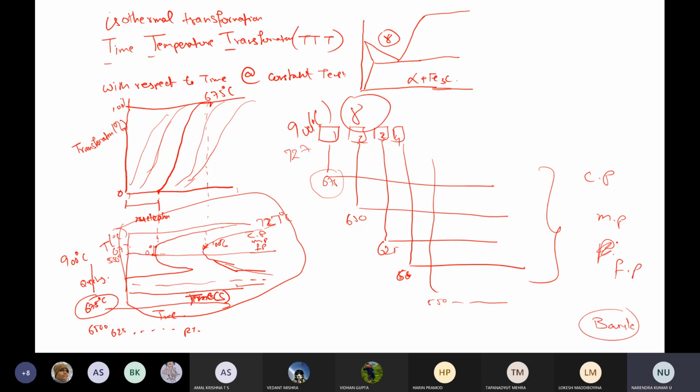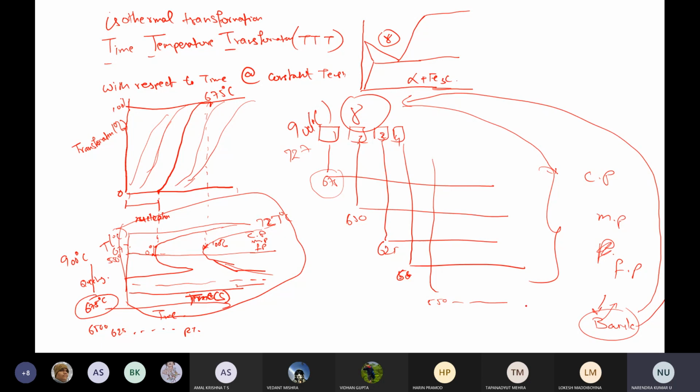So for sure, bainite and perlite are two competitive structures. So you cannot directly convert bainite to perlite or perlite to bainite. If you want to do anything like that, you have to go back all the way to the austenite phase, and then only you can come to anything, or vice versa. Directly from perlite to bainite or bainite to perlite, it is not possible.